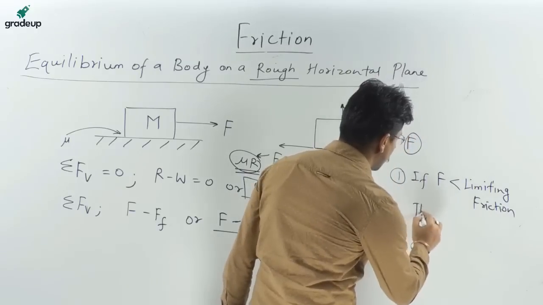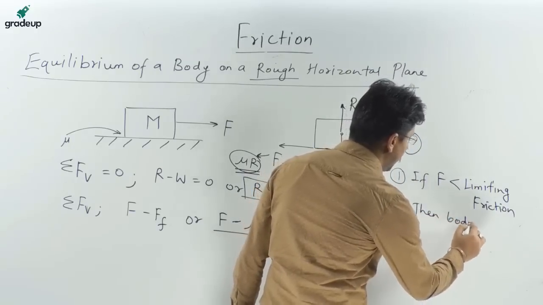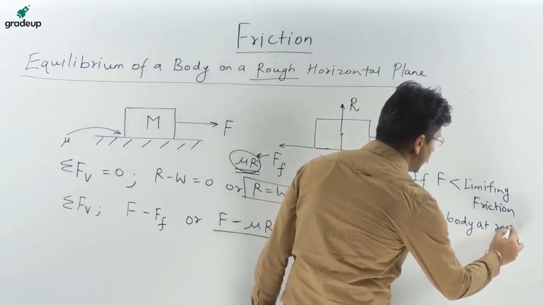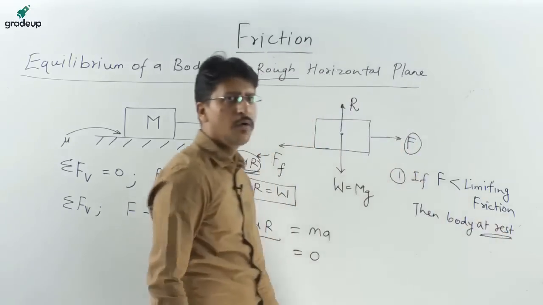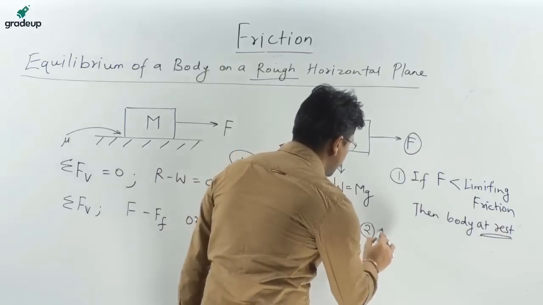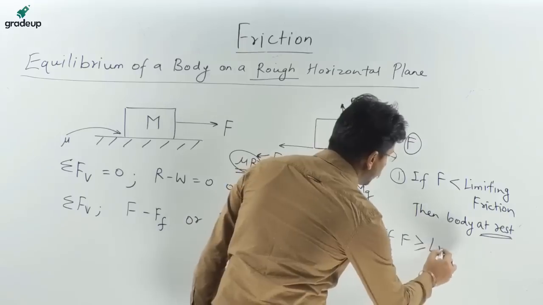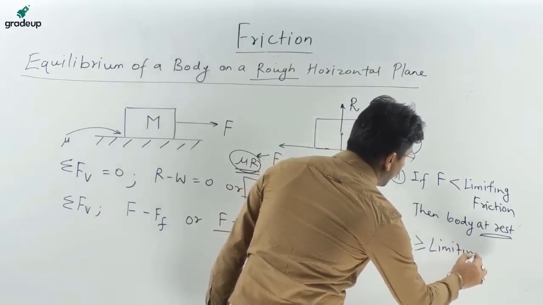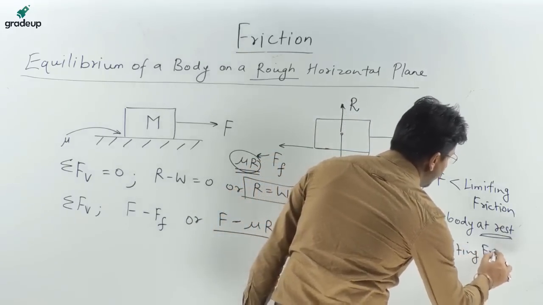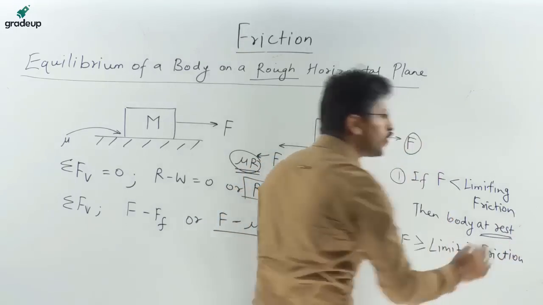then the body will be at rest. And if F is greater than, or you can say equal to as well, in the equal to case the body will tend to move, it won't move but it will tend to move.